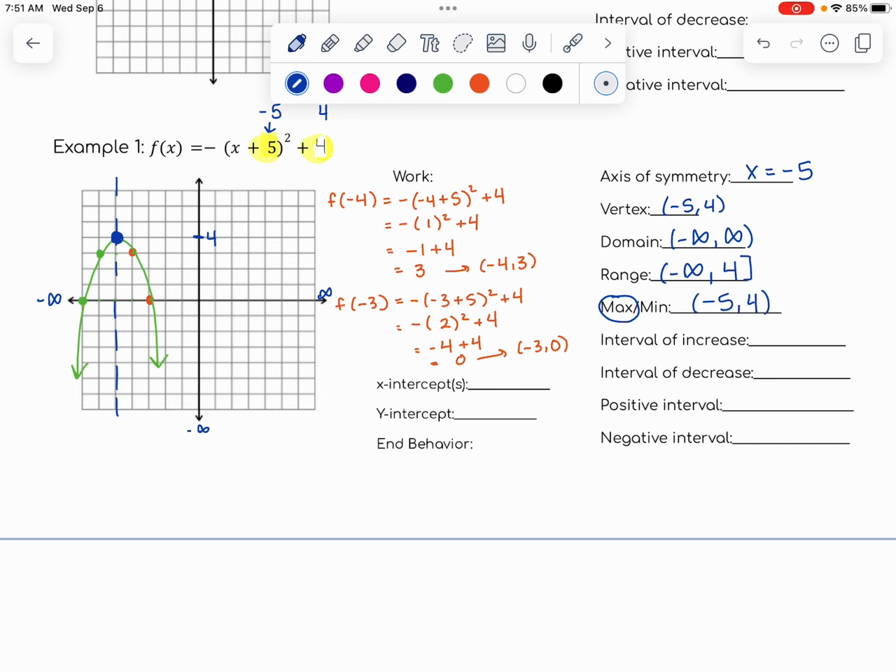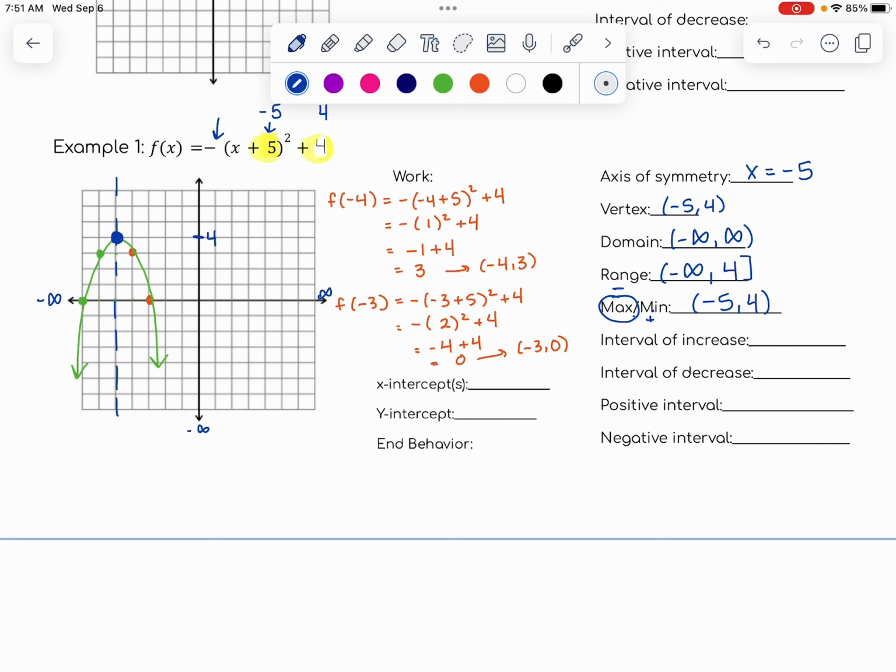And if you watched the last video, I mentioned before that this max or min can be found at the vertex always, but also we know it's a maximum or a minimum depending on the value of a, which for this problem is right here in front of the parentheses. If in front of the parentheses it's positive, we will have a minimum, but if it's negative, we will have a maximum. So that's a way to tell without even graphing whether we'll have a max or a min.